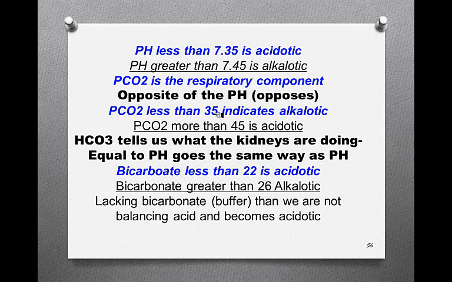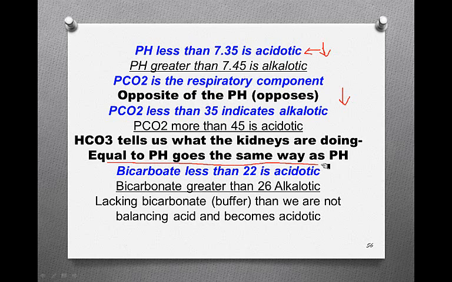PCO2 less than 35 indicates alkalotic. So here, the pH is low, you get acidosis. But CO2, if it's low, it's alkalosis. So it's the exact opposite. Bicarb tells us what the kidneys are doing. It's equal to pH.